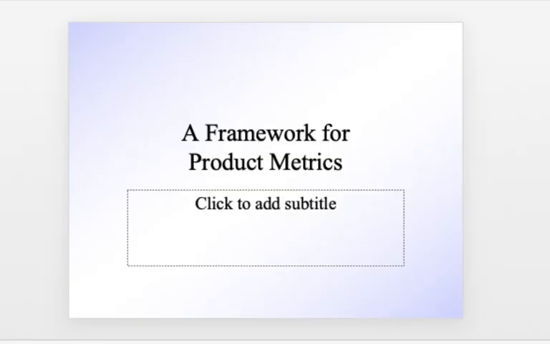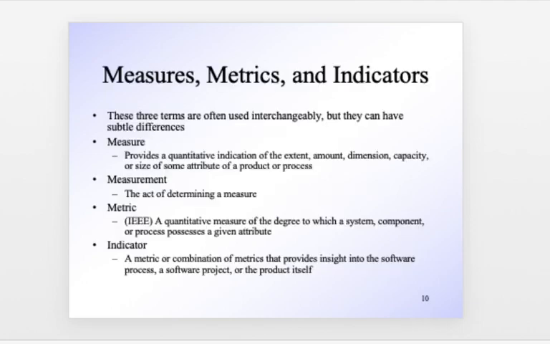Now moving on into the framework for product metrics. We have something called measure, measurement, metric, and indicator. Most of these terms are used interchangeably, but they have very small subtle differences. Measure provides a quantitative indication of the extent, amount, dimension, capacity, or size of a product or a person.